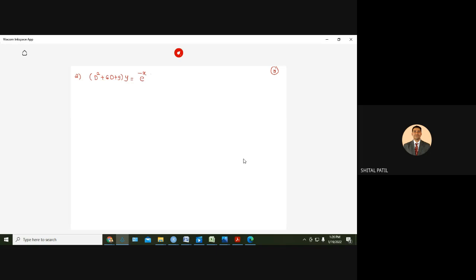Yes, solve this. You write in this way. Replacing d by what?